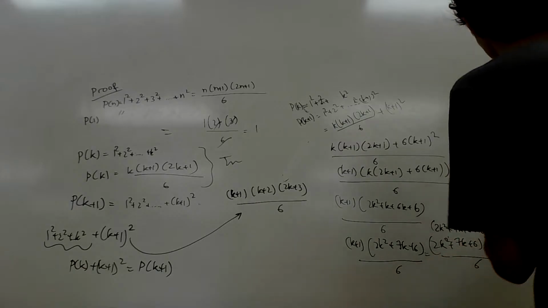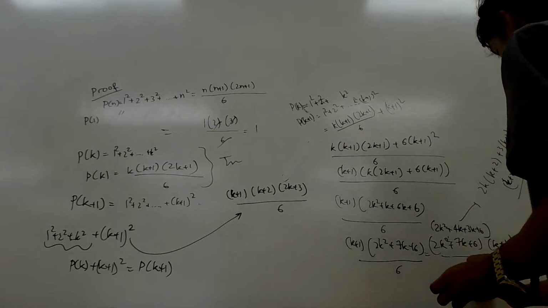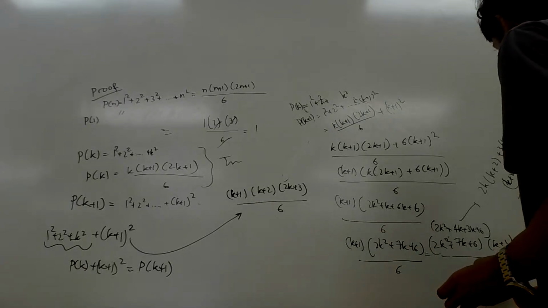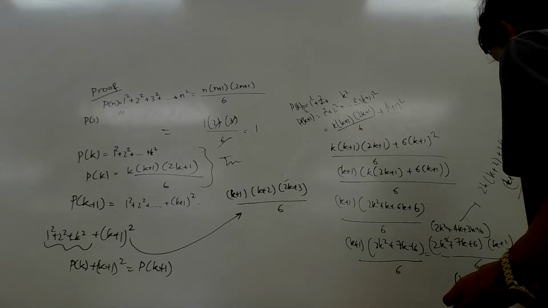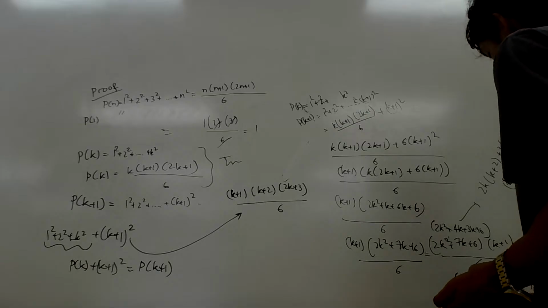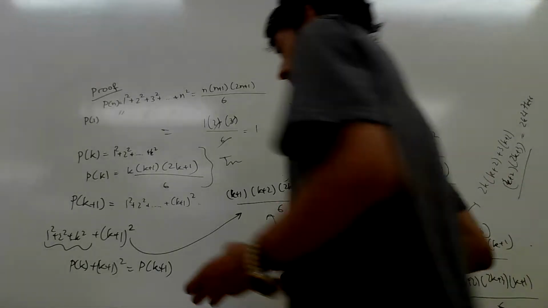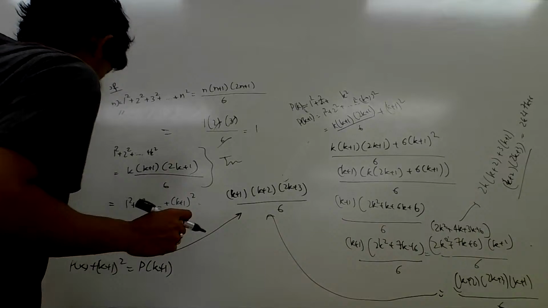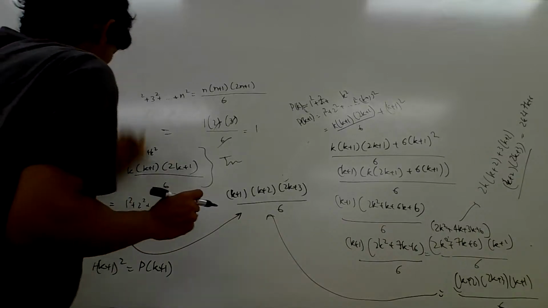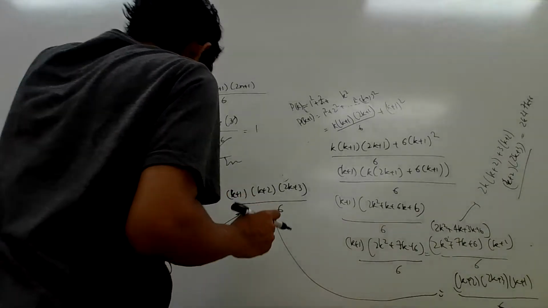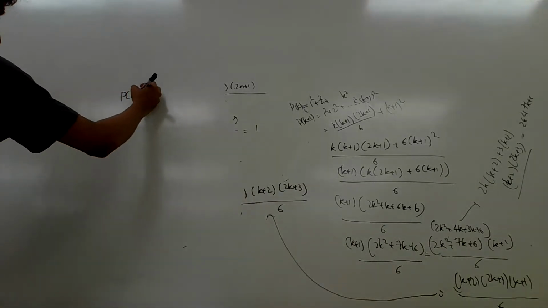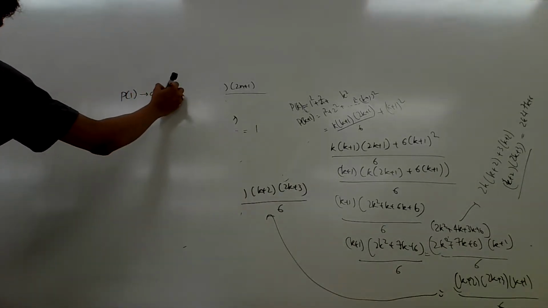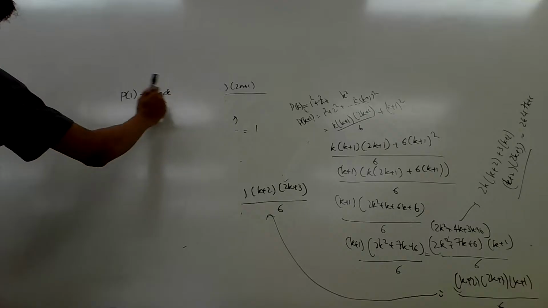You can replace this with this value, k plus 2 times 2k plus 3 times k plus 1, which is proved here to be true. That was mathematical induction. The whole takeaway of mathematical induction is that you take P(1), check if it's true.